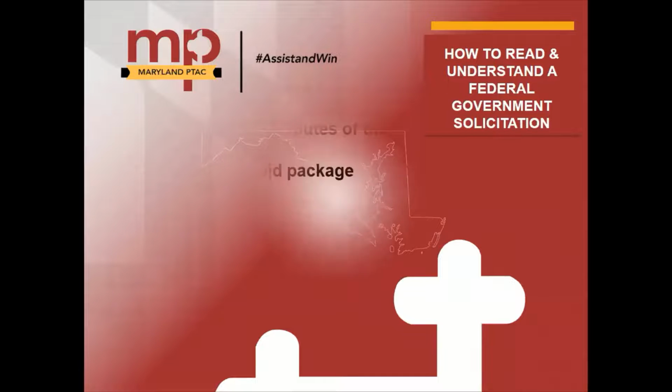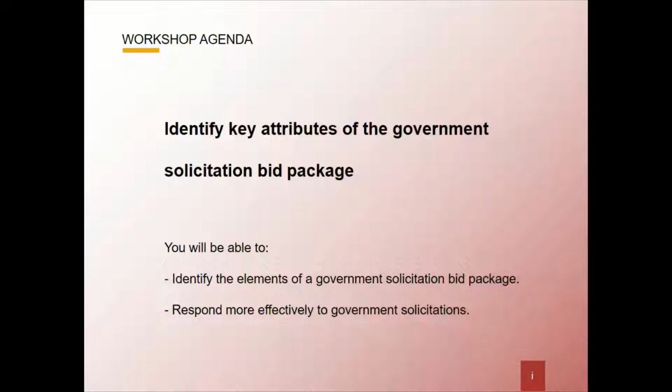Okay, good morning, everyone. As Yasmin stated, today we will be talking about identifying key attributes of the government solicitation bid package. I am on slide 1. During this session, you will be able to identify the elements of a government solicitation bid package on the local, state, and federal levels.